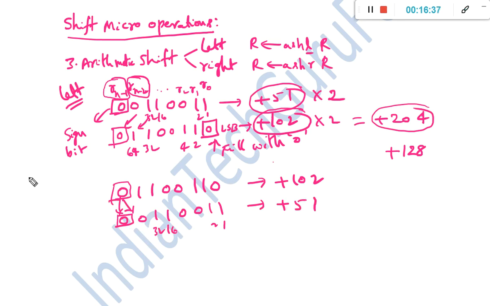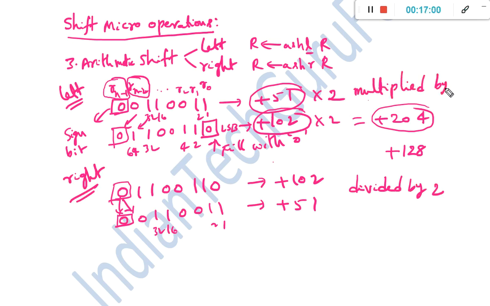So what does it mean? Whenever I perform the arithmetic right shift operation, I am going to get the result divided by 2. Whenever I perform the left shift operation, I am going to get the result multiplied by 2. So whenever I perform the arithmetic right shift operation, I get the result divided by 2.